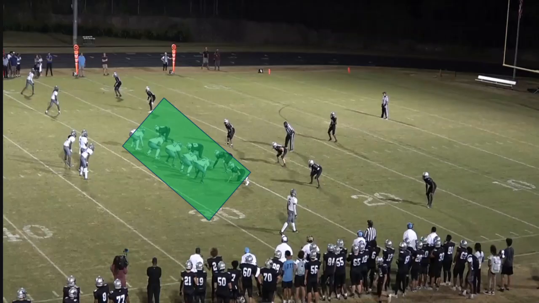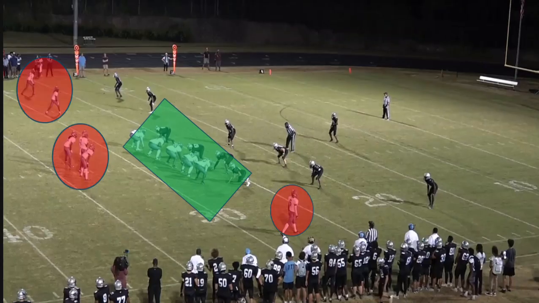So let's take this a step further. All the players highlighted in red are not eligible on the offense to block below the waist due to the fact they cannot meet the first criteria of being on the line of scrimmage and in the zone at the snap. So the players in red are not eligible to block below the waist on this play.